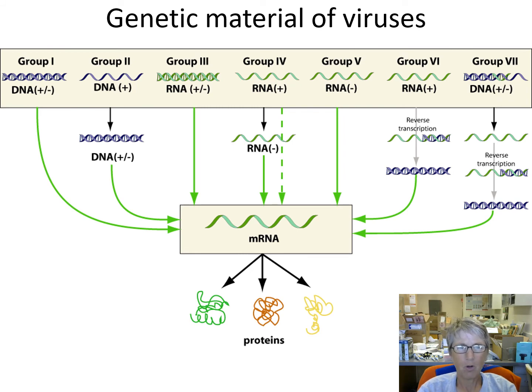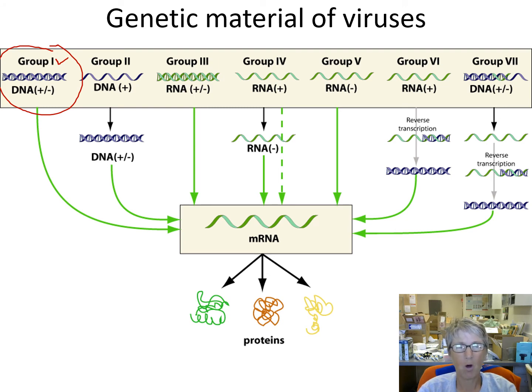Here's a cartoon. There's a lot of work done on viruses and how to group them. So in this cartoon, you can group viruses as 1, 2, 3, 4, 5, 6, or 7. For example, group 1 is a DNA virus.